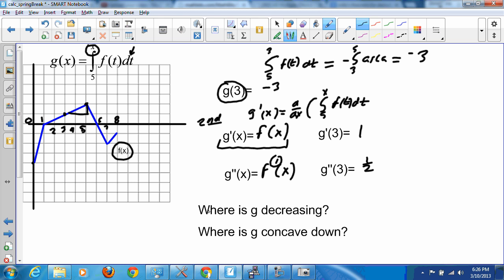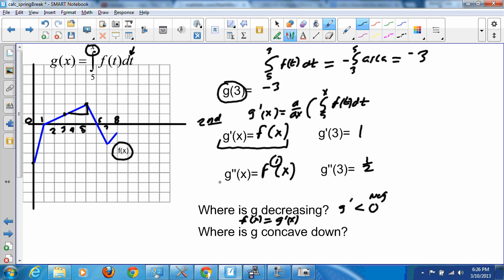Okay. Moving on, where is g decreasing? Well, how do I figure that out? I have to take the derivative of g, and I need to look to see where it's less than 0, or where it's negative. Well, since f of x is equal to g prime of x, all I have to do is look and see where the graph is below the x-axis for f.